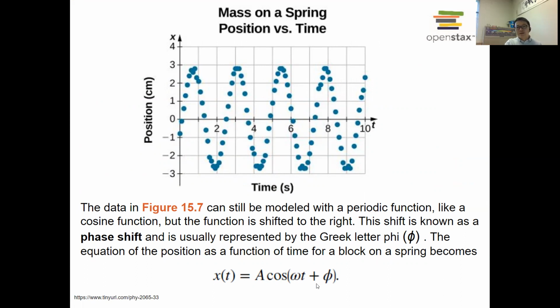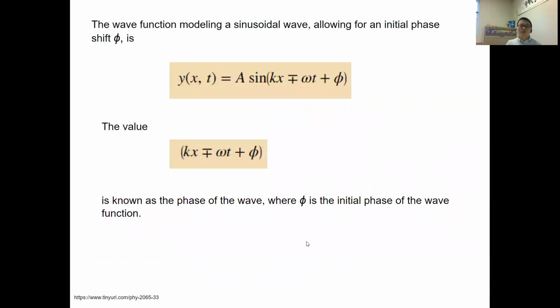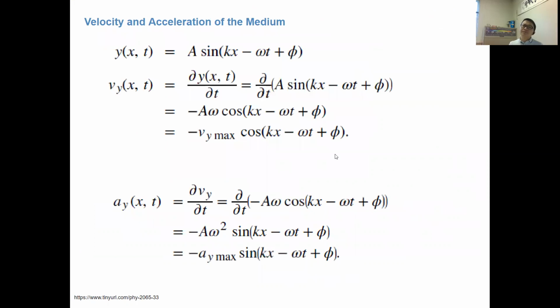So you have an initial phase shift phi in the argument, kx minus or plus omega t plus phi. So in general, y as a function of x and t, position and time, is equal to an amplitude A times sine of kx plus or minus omega t plus phi, where phi is the initial phase shift.